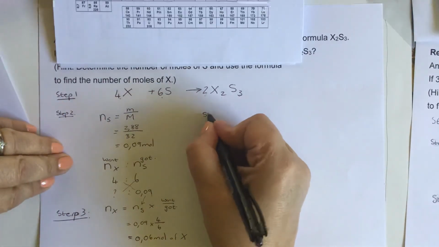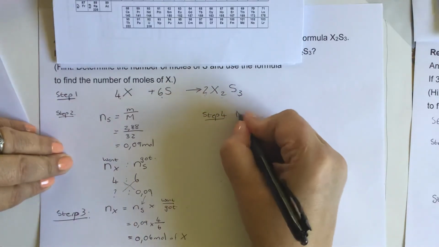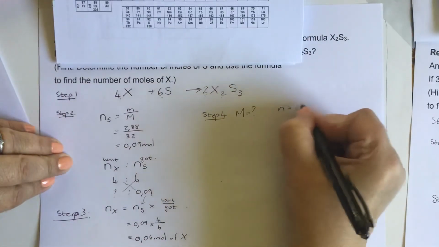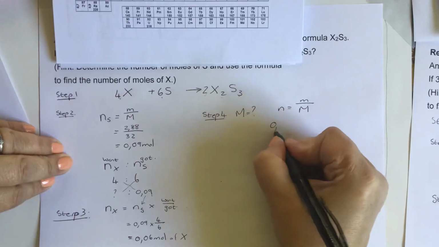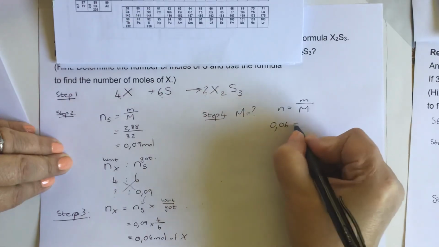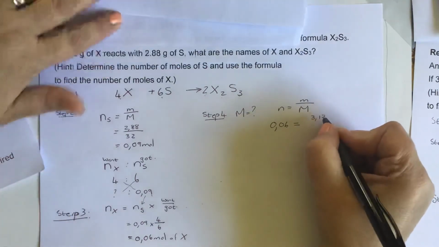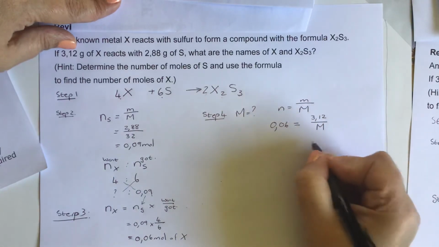So my next step is now to go and find what is X. And to know what is X, I need to know what is its molar mass. So I'm going to use number of moles is mass over molar mass. So the number of moles of X, 0,06, is equal to 3,12 that I found here, divided by the molar mass.